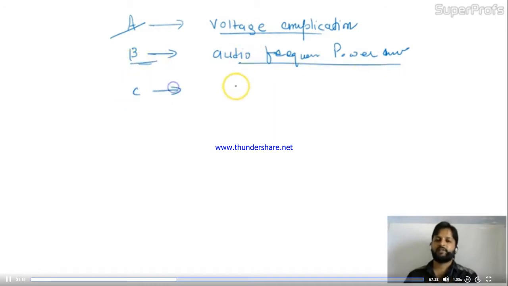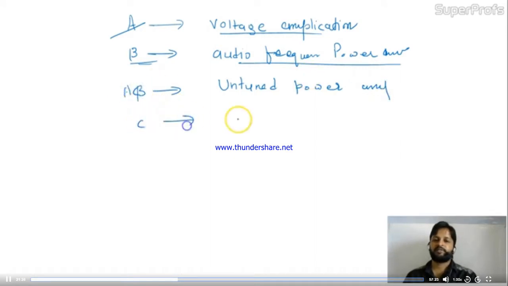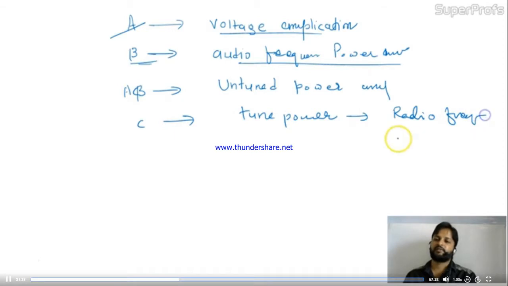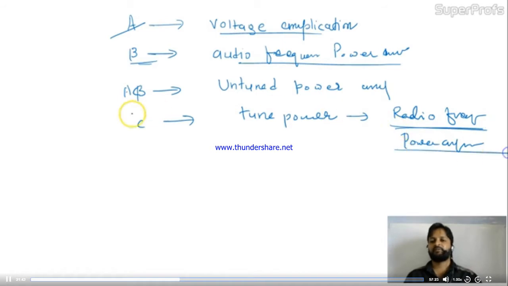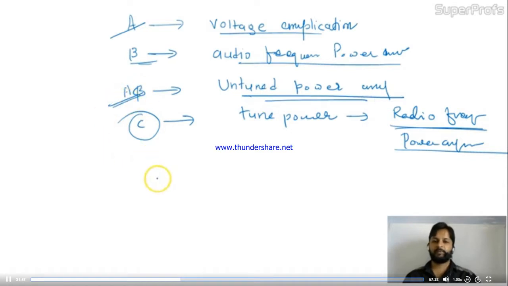And if I talk about class C, it is a tuned power amplifier. Tuned power amplifier means in the radio range or radio frequency amplification we are using it. Radio frequency power amplification. Okay friends, so in radio frequency we are using C, no problem. For untuned power amplification, we are using AB. For audio frequency power amplification, we are using B. And for voltage, we are using A.